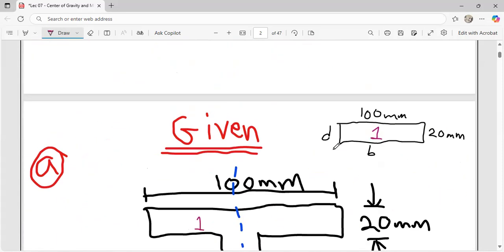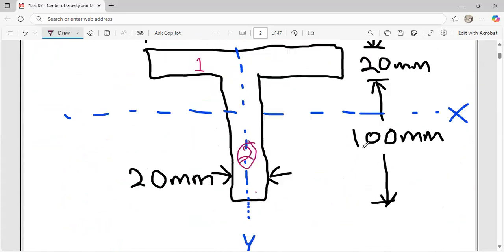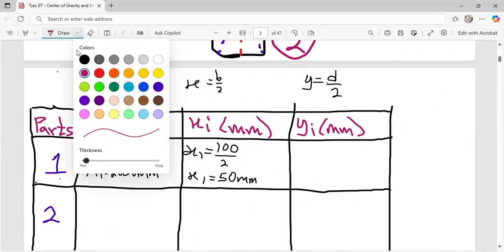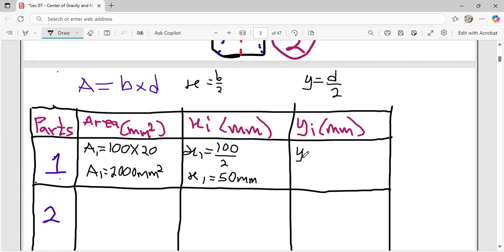So as you have seen it, the y is just the d divided by 2. So 20 divided by 2, what are we going to get? We are going to get 10 mm. This becomes our y1, and the y1 is going to become d divided by 2, and the d is 20 divided by 2.